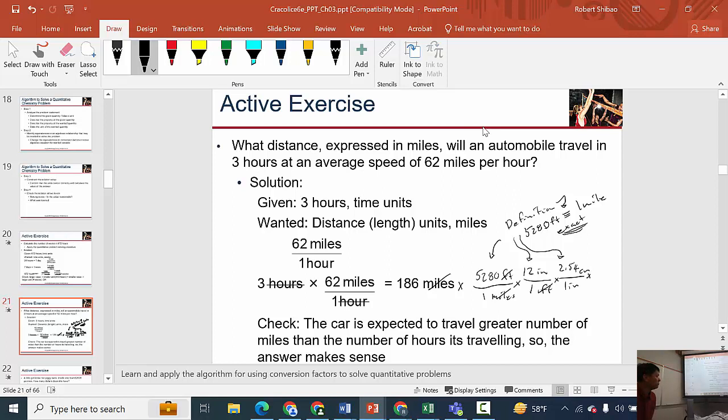These are called exact conversion factors, and the exact ones we try to memorize. The approximate ones we don't. Okay, so this one here is a new one. Actually, maybe these two. This one everybody already has memorized.